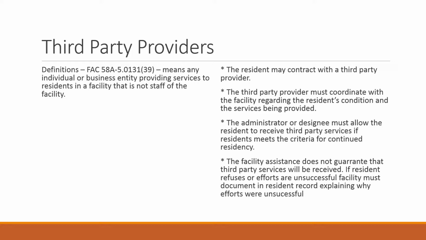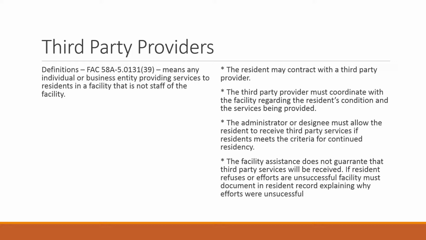The facility does not guarantee that third-party services will be received. If a resident refuses or efforts are unsuccessful, the facility must document in the resident's record explaining why efforts were unsuccessful. So what this means is that if you attempt to make a linkage to a third-party provider service, and let's say home health service is a good one, or occupational therapy or physical therapy, and you're unsuccessful in getting that link done, then you need to document that.